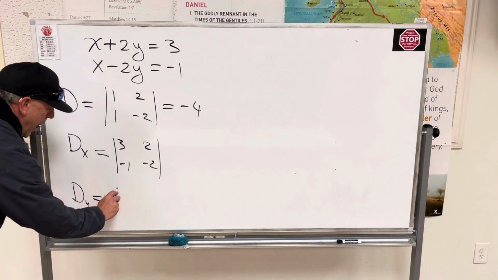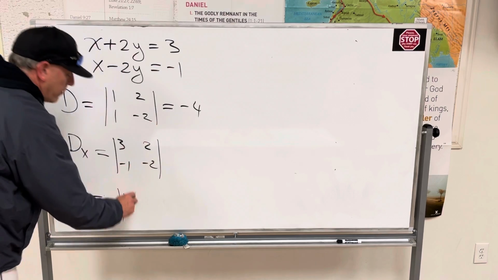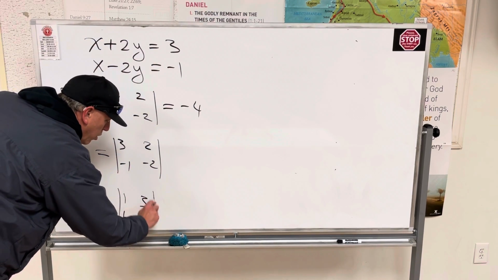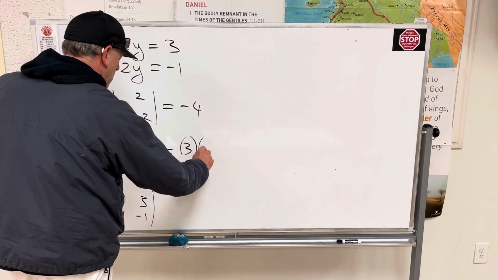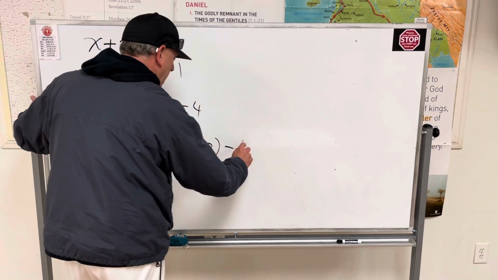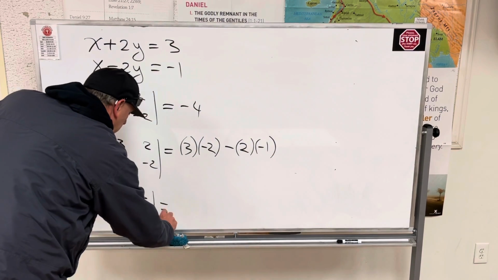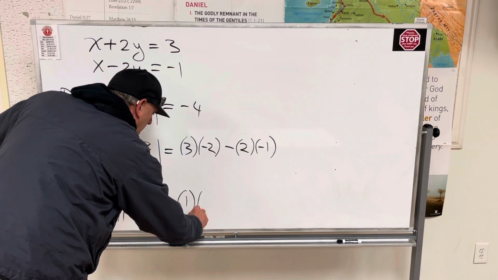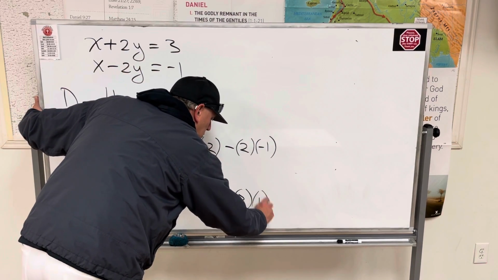And then for the y, you write down the x's, 1, 1, and then you write the answers in for y, 3 minus 1. So this is going to be 3 times minus 2 minus 2 times minus 1. This is going to be 1 times minus 1 minus 3 times 1.